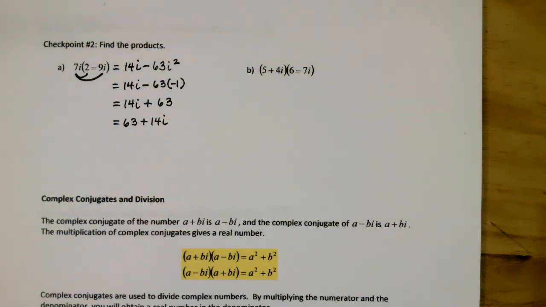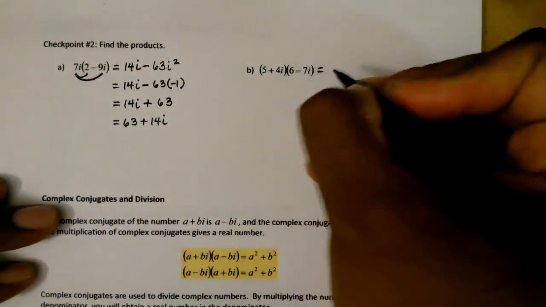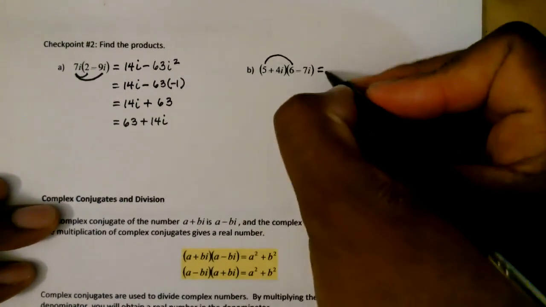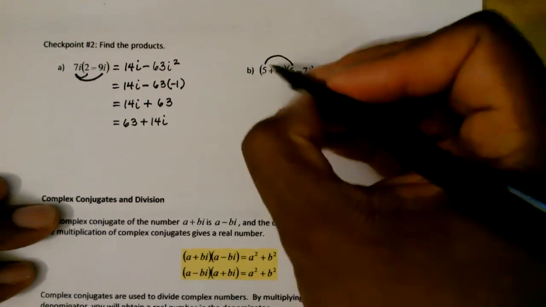Now, part B, we got 5 plus 4i times 6 minus 7i. We got two complex numbers in standard form. We're multiplying them. We need to use the FOIL method. So here's the FOIL method here. First times first, 5 times 6. That's 30.